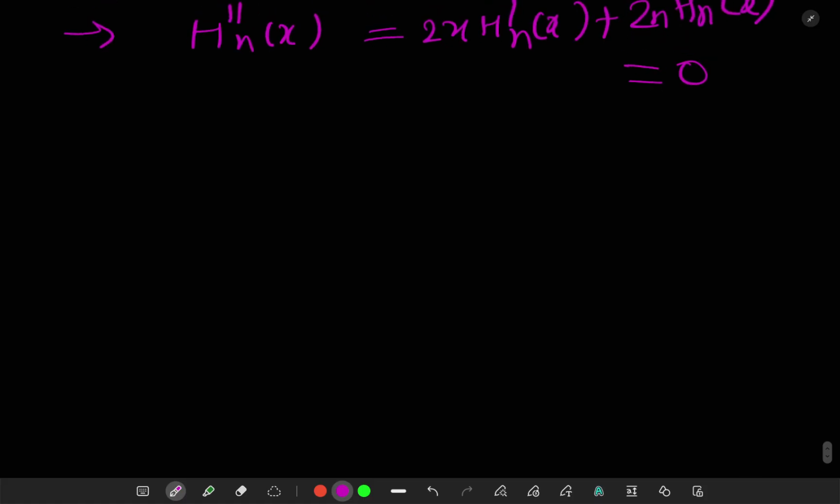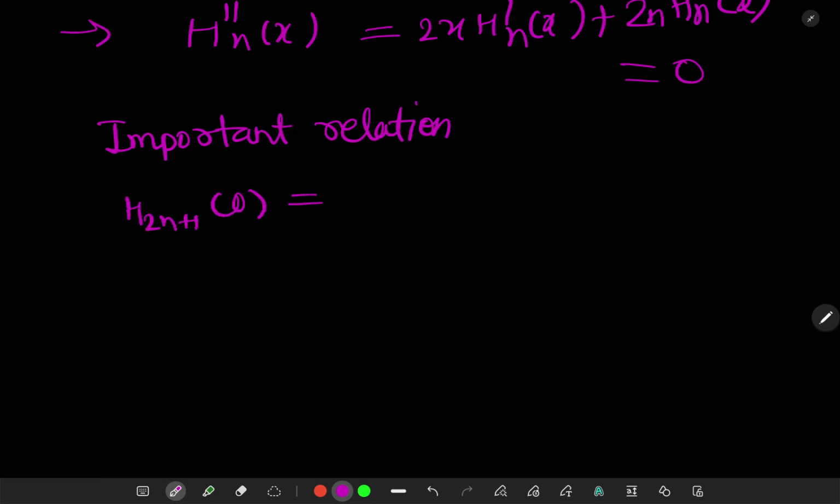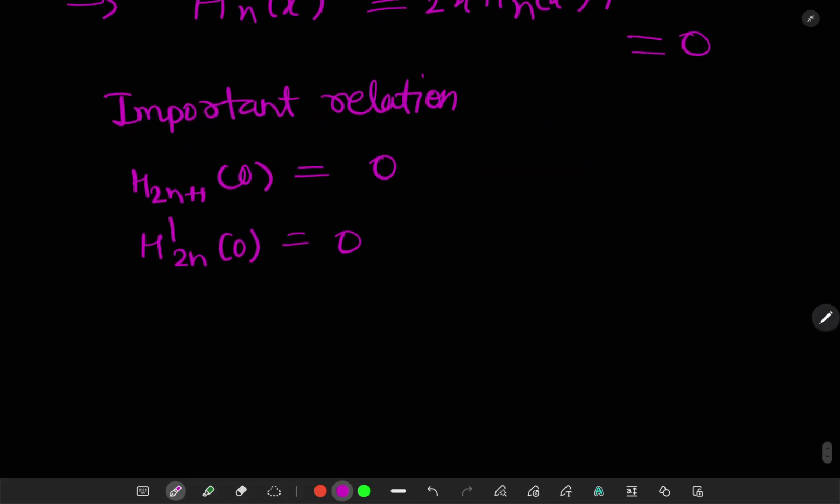Now some important relations. H 2n plus 1 at x equal to 0 is equal to 0. H dash 2n at x equal to 0 is 0.